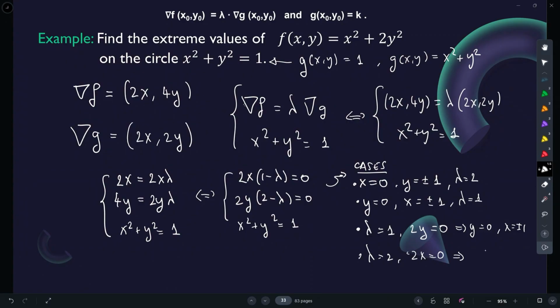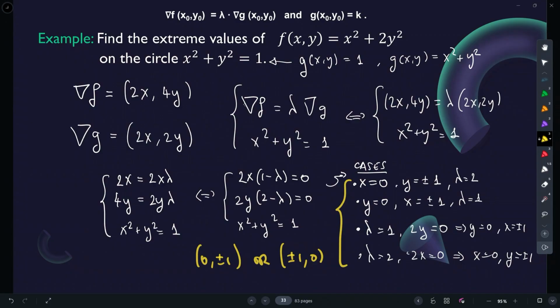And that tells me that x is 0. And then I get that y is plus or minus 1. And this analyzes all the possibilities for all three equations to be true at the same time. There's always more ways. There's no just one way of solving these equations. But all I got is that there's two possibilities. Either I have (0, plus or minus 1) or (plus or minus 1, 0) are all the points where there might be local max, or the max or the min has to happen at those points.